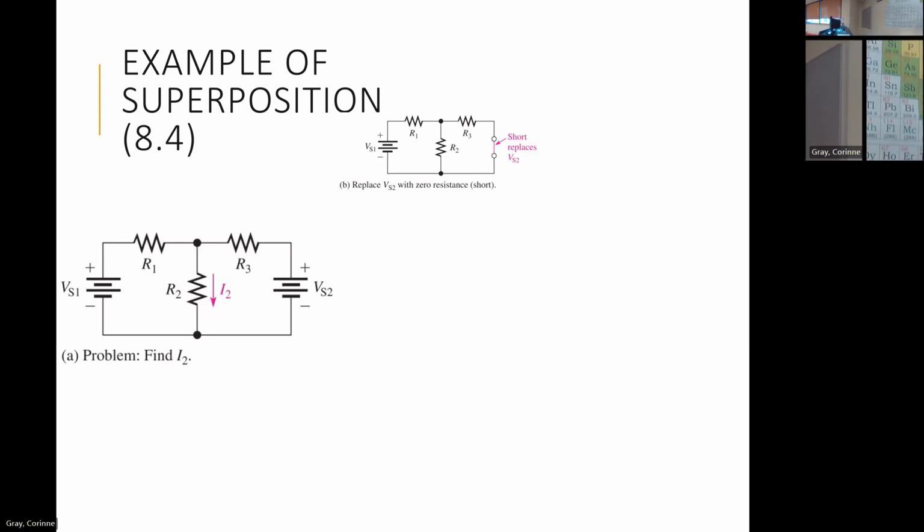I'm going to take out the right battery, pull it out of my circuit, and replace it with a short or an ideal wire. Batteries get replaced with an ideal wire. Now I have a new circuit that I can analyze.